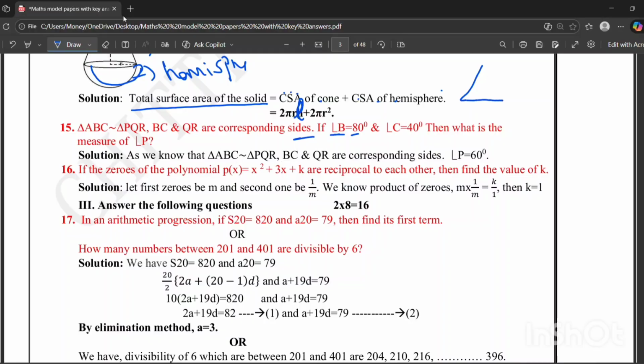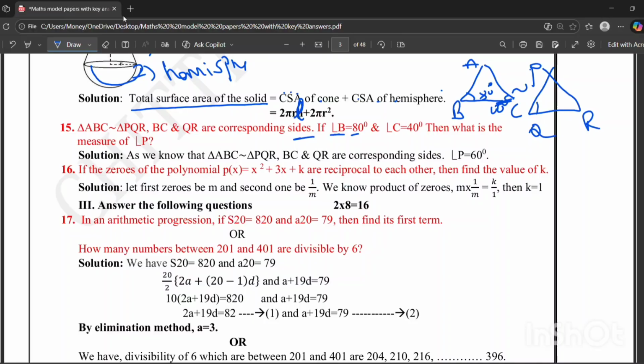See, let us draw triangles here, triangle ABC and another triangle PQR. They are telling they are similar. Angle B equals 80 degree, angle C equals 40 degree.